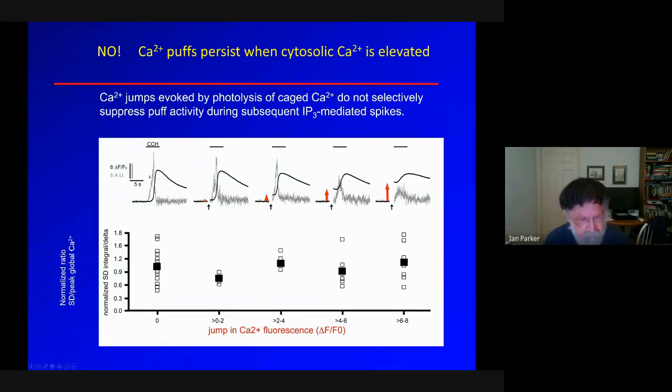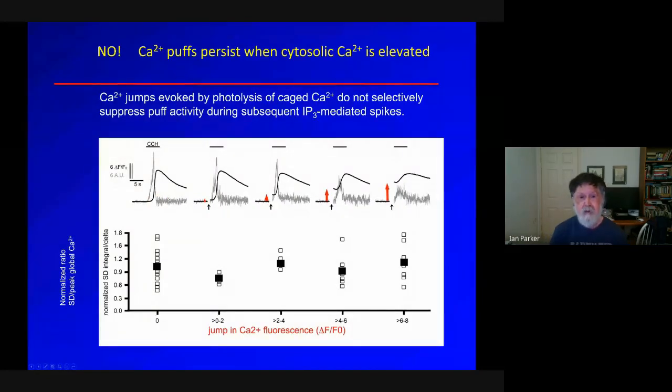Just look at the top left-hand panel to begin with. Here's a response to carbachol, global rise in calcium, the SD signal, the puff activity. So this is very much what I was showing you before.